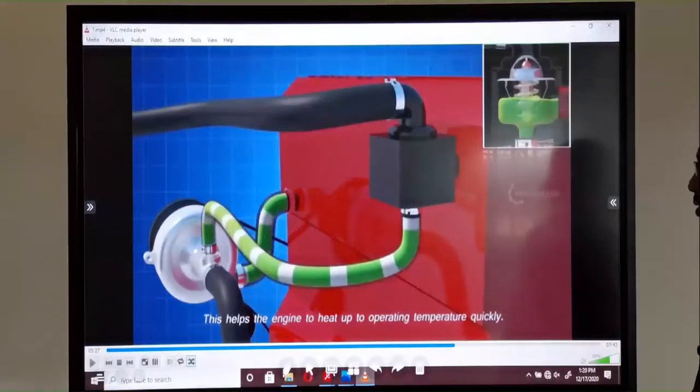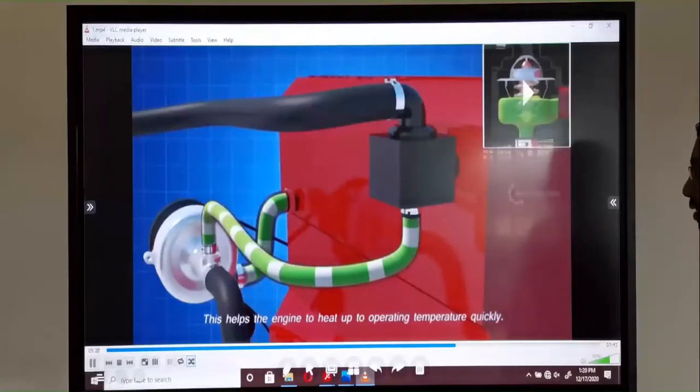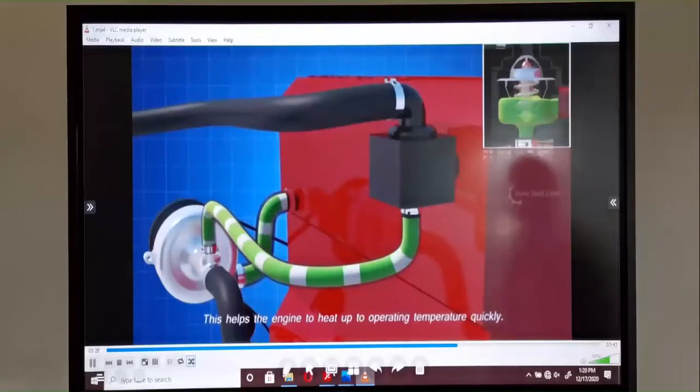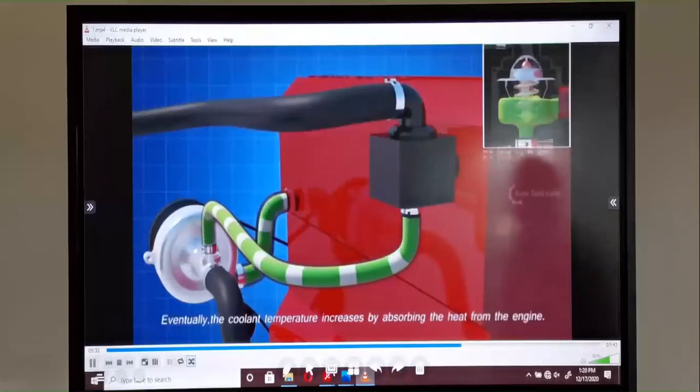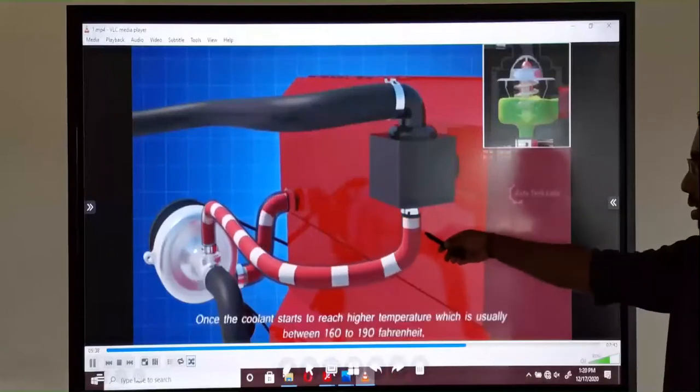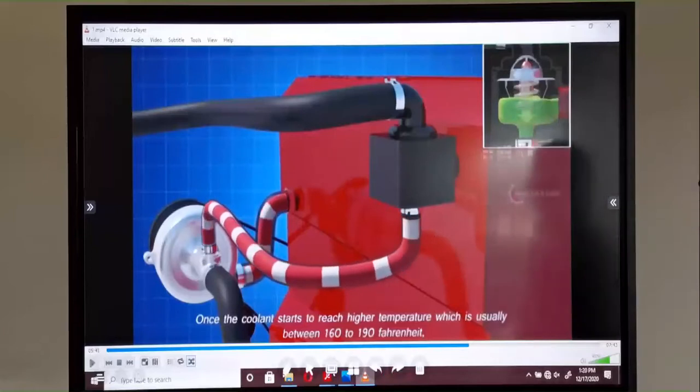Okay, when the engine gets high temperature, or achieves that working temperature, what will happen? Let's see. Now you can see by the changing color, this coolant has now reached the engine operating temperature.